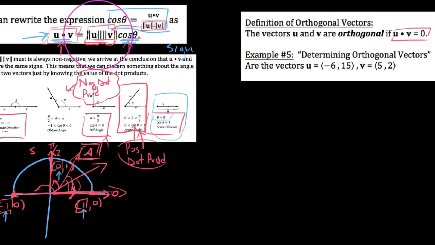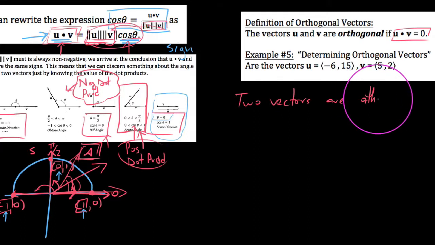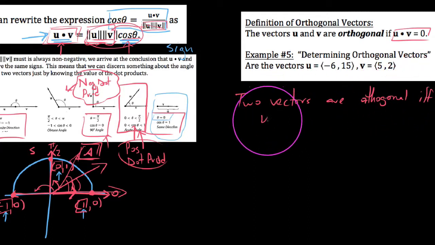Because if the cosine was 0, then the whole right side would be 0 in this equation. If the whole right side is 0, then u dot v is 0. In other words, this is a fancy way of saying two vectors are orthogonal if and only if their dot product equals 0.